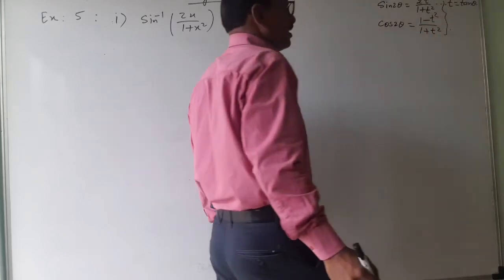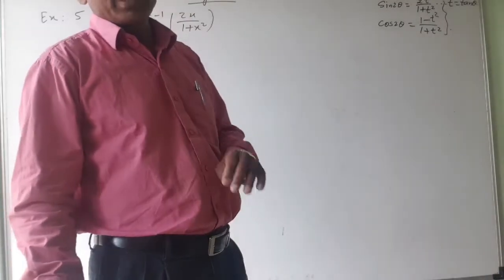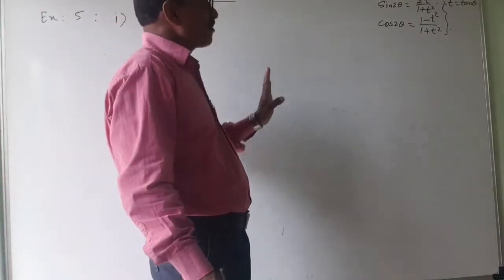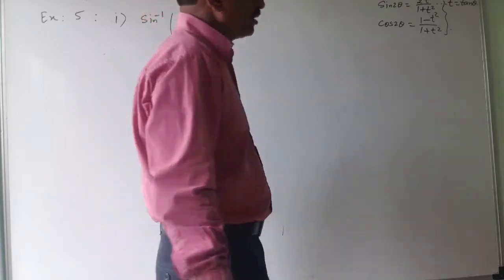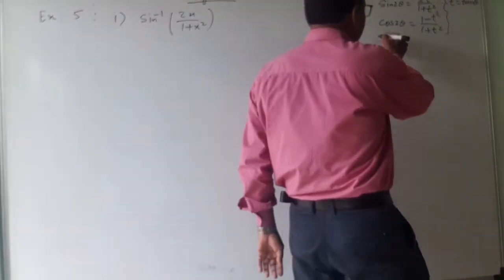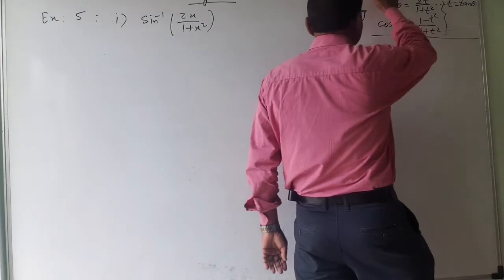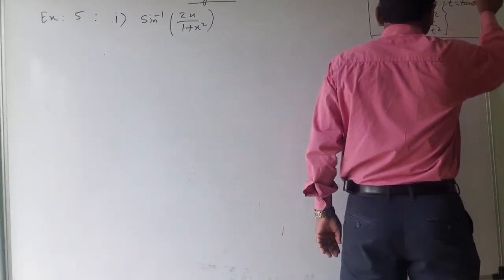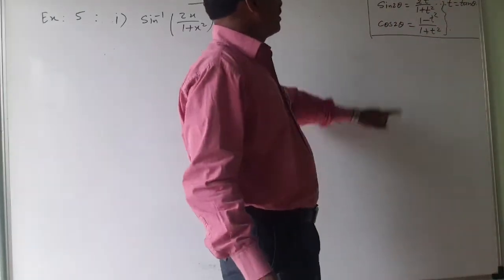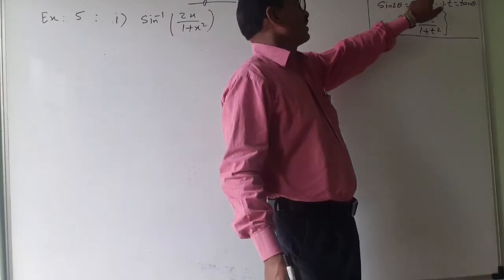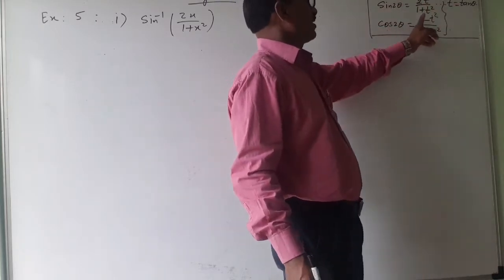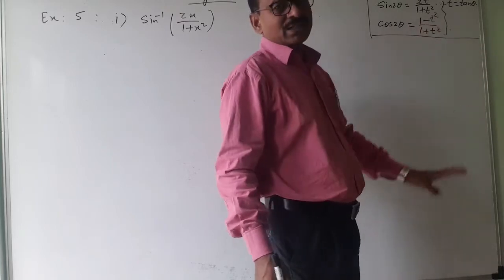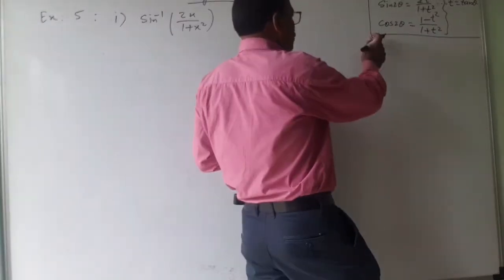These two formulae are very important. At least one sum either in derivative or in integration comes every year. So remember this, and that's why I will prove it. Sin 2 theta is equal to 2 tan theta upon 1 plus tan square theta, and cos 2 theta is equal to 1 minus tan square theta upon 1 plus tan square theta. I will show you the proof.